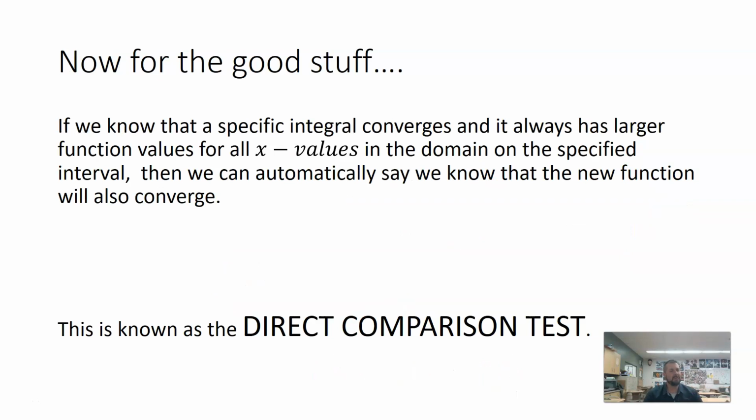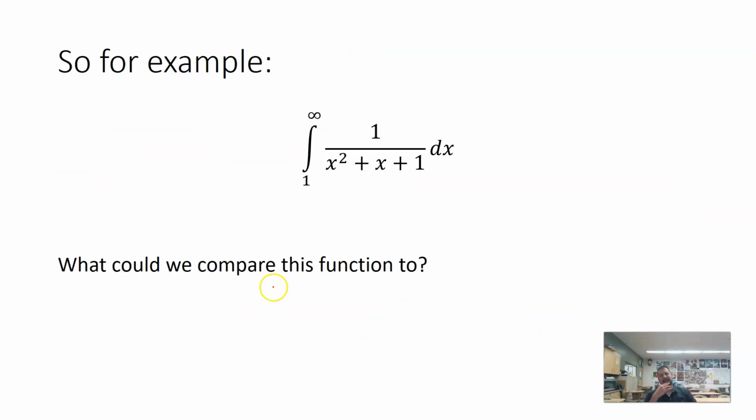One other thing that we can do is, if I was looking at this particular function right here, now this one's way more difficult to try and integrate. We don't have techniques to do that. But if I wanted to know whether this was convergent or divergent, all I would have to say is, wait a minute, I've got x squared right there. I could compare this to this function right here because I know that power right there is less than 1.